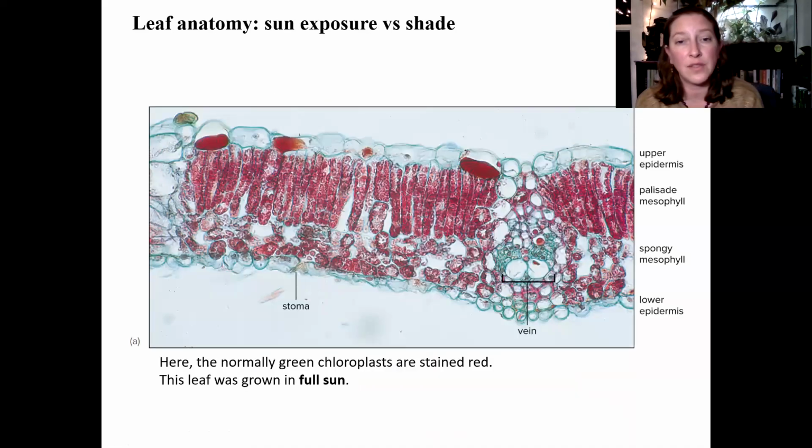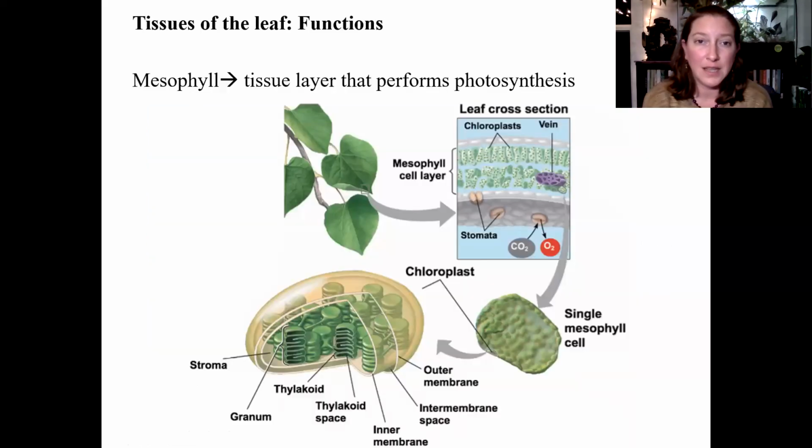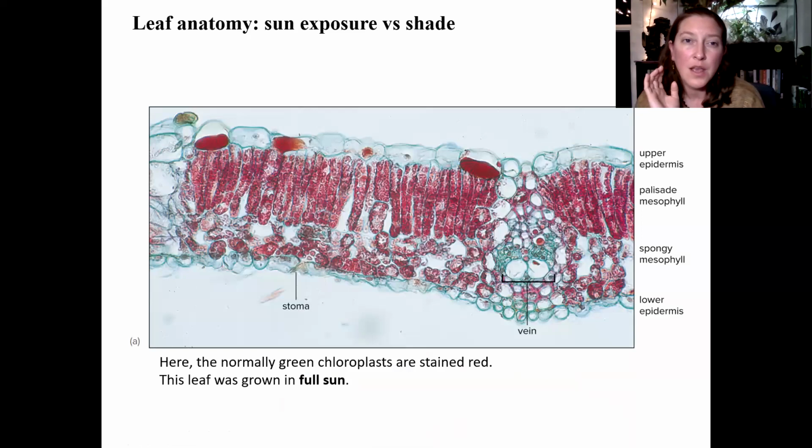This is just to show you that the anatomy of a leaf can really depend on how much sun it's getting, because the mesophyll layer is the layer that performs photosynthesis. And if you're not getting a lot of sun, you're not going to need to have that much of that layer, I guess is a way to put it. This is just to show you a comparison.